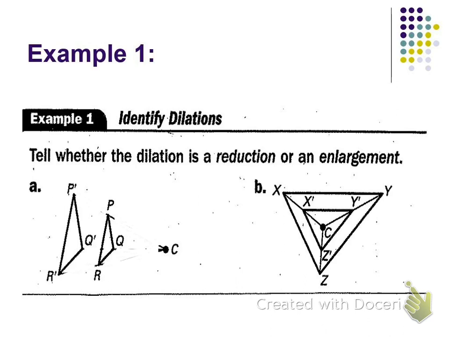So did our triangle on letter A get bigger or smaller? Bigger. It got bigger as we went to the primes, so we would call this an enlargement. Okay, so again, I think all these extra lines that they put in are just a little confusing in this case, but can anybody tell if this is bigger or smaller?